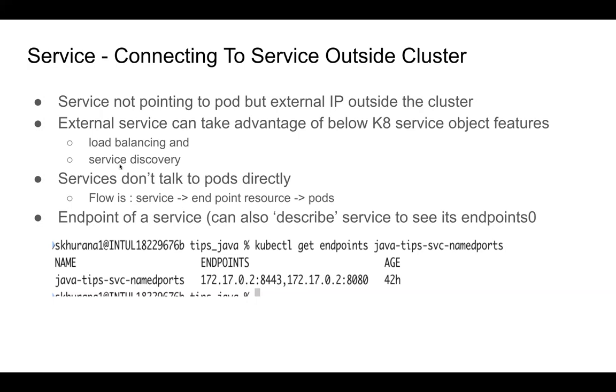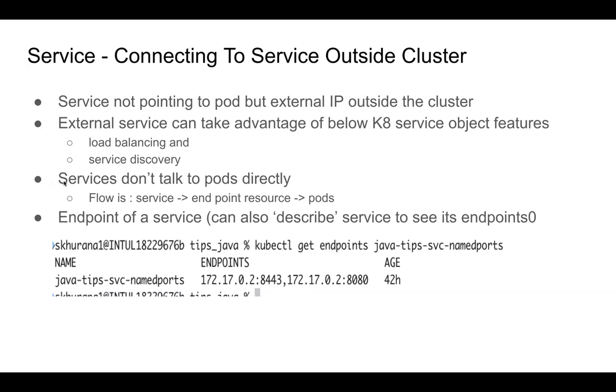We saw service discovery features, like the nslookup happening, and the environment variables, and it does provide load balancing features also. So if you want to utilize that, you can create a service object inside Kubernetes pointing to the endpoint outside.